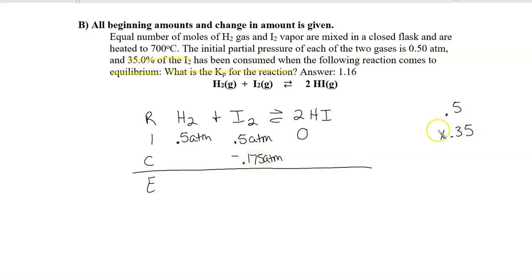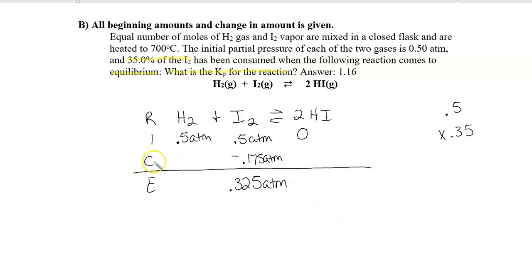How did I know that? Because it says that 35% of it has been consumed. Some students ask, can I figure out 65%, which is how much would be left? Sure you can. Either way, if I subtract 0.5 minus 0.175, I'm going to get 0.325 atmospheres. Hopefully you're with me.